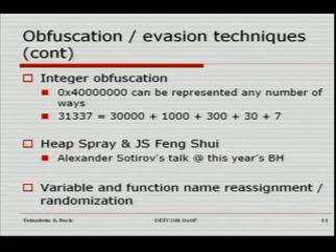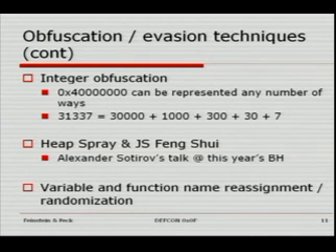A very, very simple example is if you wanted to encode 31337, you could simply perform 5 additions, and dynamically that value will be created in your script. Very simple stuff. On to a more sophisticated JavaScript attack technique, heap spray, and its more advanced cousin, feng shui.